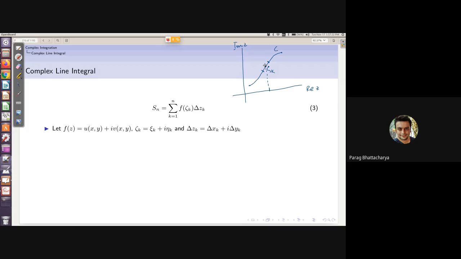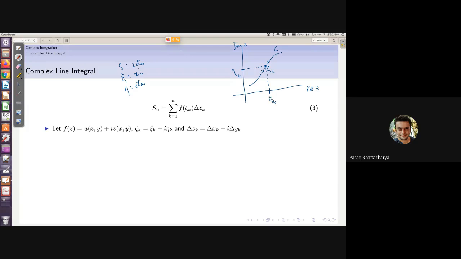So if it's a complex number, then it will have a real part and an imaginary part.